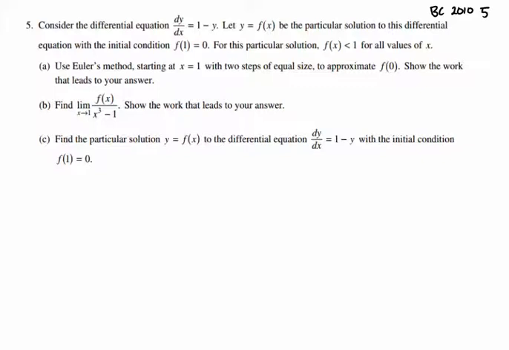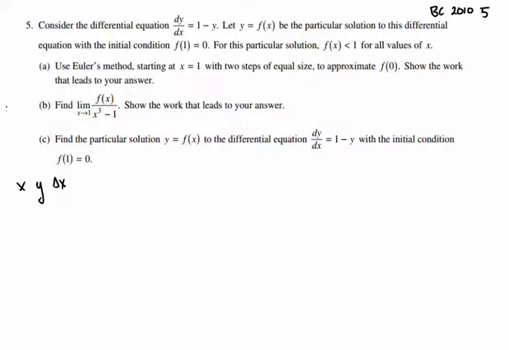So the first thing that we want to do is to use Euler's method, starting with x equals 1, to approximate f of 0. So we're going to have our x, our y, our delta x. In this case, we're not given delta x. We're starting at 1, and in 2 steps of equal size, we want to get to x equals 0.